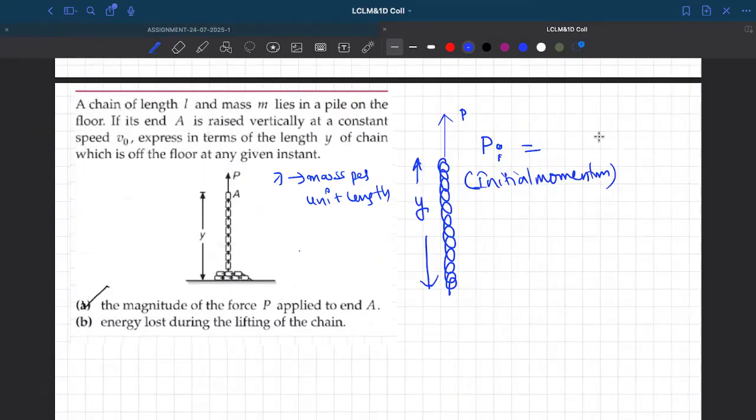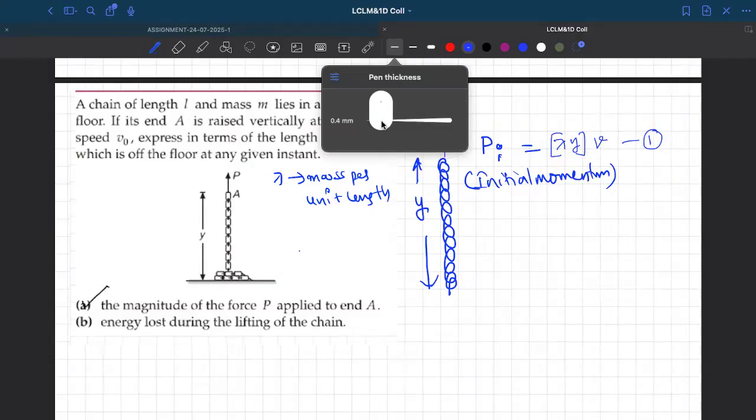P initial is equal to lambda y, this is mass into velocity. Equation 1.